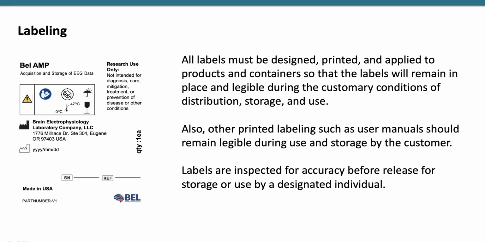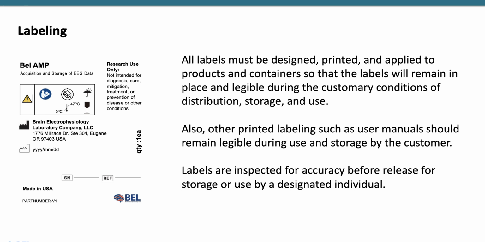We need to control labeling. So it's not only the label itself, it's the labeling process. We need to make sure that all the labels remain in place and legible during all the stages of distribution, storage, and use.